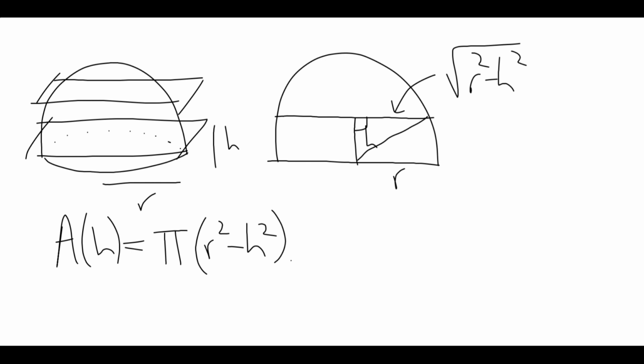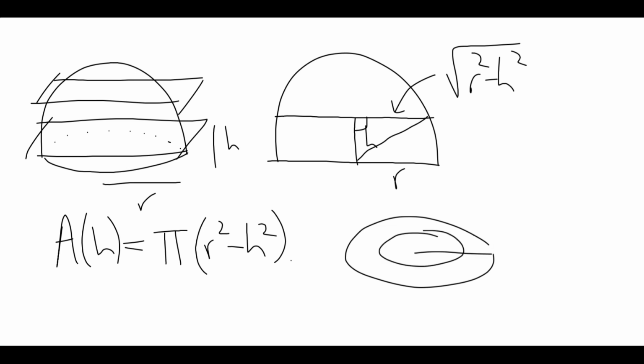Now Archimedes recognized this as the area of another kind of shape, which is two concentric circles. So if you have a circle of radius r, and you take out a circle of radius h from inside it, then the area is exactly pi times r squared minus h squared.